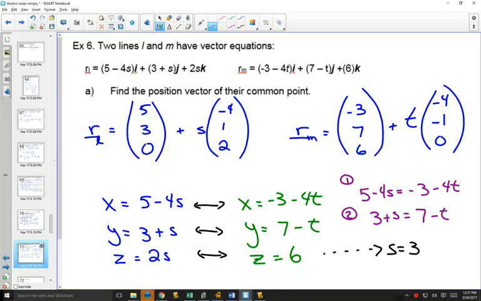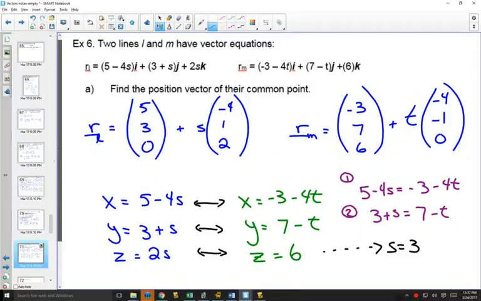That could be a second equation with two unknowns. Then you could use substitution or elimination to solve. But in this example, it was extra easy because the z coordinate told us that s is 3. Once we know s is 3, you could use either of those other two equations and figure it out.